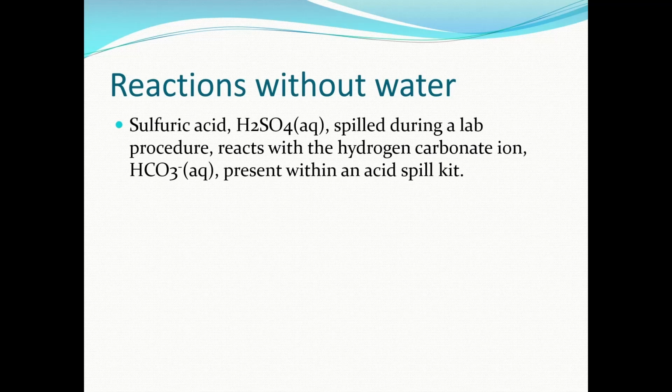Okay, you can also do reactions without water. So we have sulfuric acid, H2SO4, spilled during a procedure, reacts with hydrogen carbonate ion. The first thing you have to do is figure out who's going to be the base in this situation.